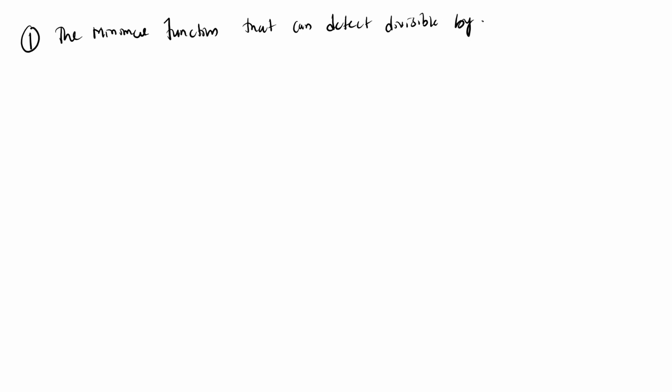Next you see, designing of this combinational circuit. First problem: design the combinational circuit with the minimal function that can detect divisibility by 2 with 8421 BCD code.